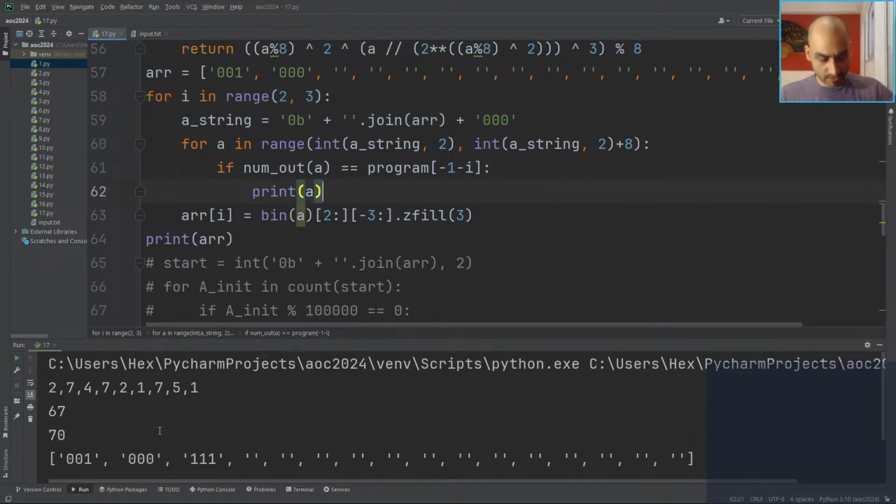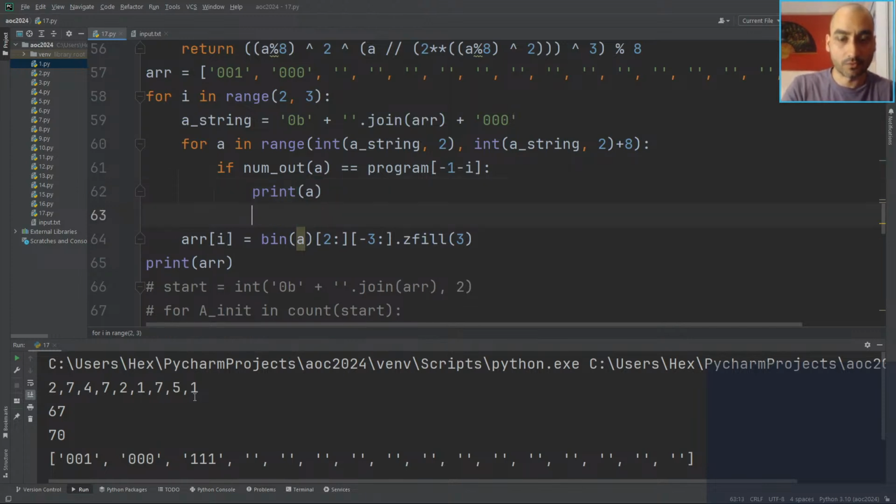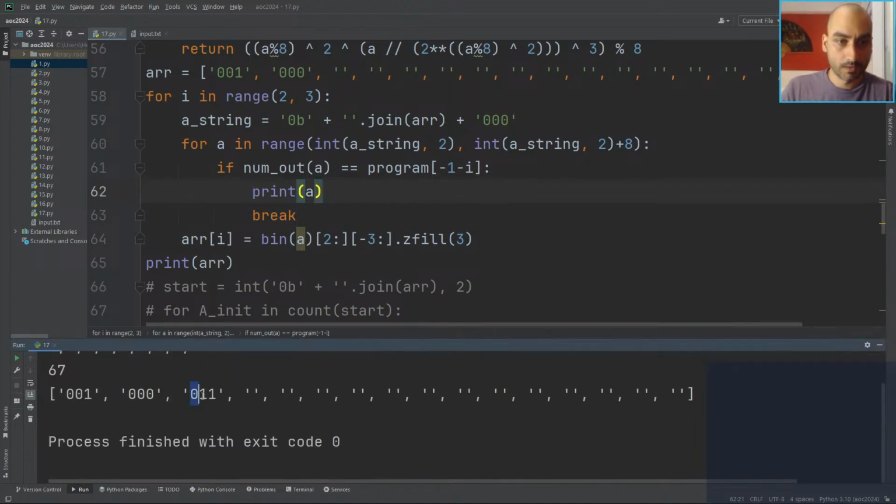67 and 70. Here's where we've got two things. So before we went with 67. We'll carry on going with 67. I just want to see where this goes. So break. 0, 1, 1.